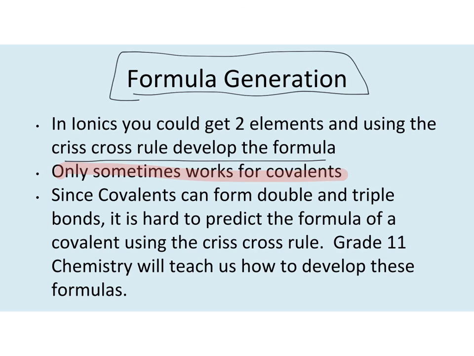So you can use the crisscross rule, and it will work sometimes, but not all the time. Since covalence can make double and triple bonds, it's hard to predict the formula of a covalent using the crisscross rule. When we get to grade 11 chemistry, it's going to teach us how to develop these formulas. But for grade 10, we don't need to really know how to develop the formulas, but knowing that there's multiple different formulas that can develop when you take, say, carbon and hydrogen and put them together.